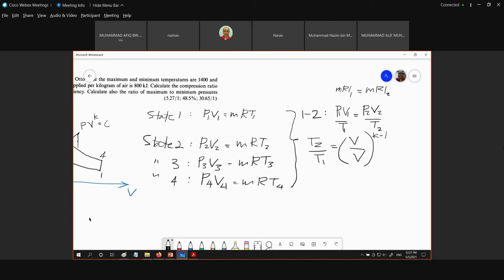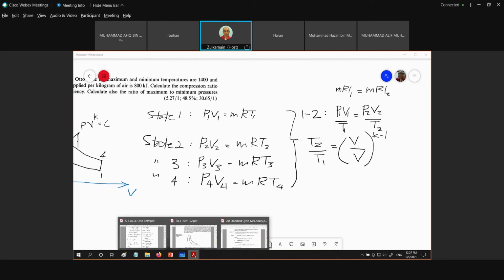Which V divided by which V? V2 over V1 or V1 over V2? V1 over V2.